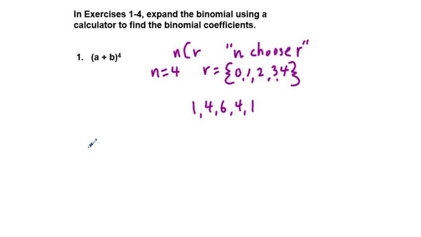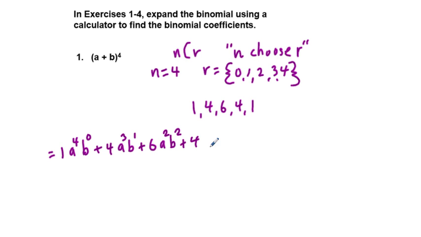So our expansion is going to be 1, a to the fourth power, b to the 0 power, plus 4, a to the third power, b to the first power, plus 6, a squared, b squared, plus 4, a to the first power, b to the third power, and then finally plus 1, a to the 0 power, b to the fourth power.